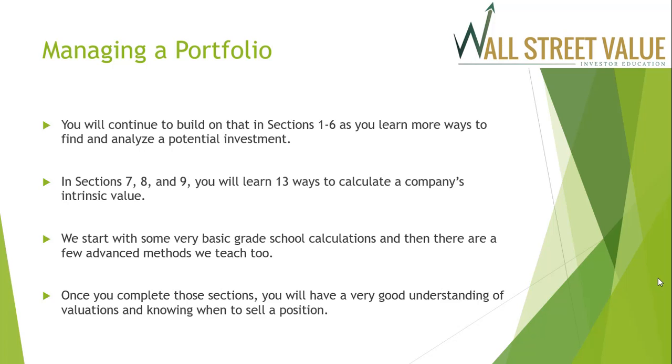In sections 7, 8, and 9, you're going to learn 13 ways to calculate a company's intrinsic value. We're going to start with some very basic grade school calculations that you can do in your head, and then there's some more advanced options that we throw in there as well. Once you complete those sections, you will have a very good understanding of valuations, and that's going to help you know when to get into a position, and also when to sell a position.